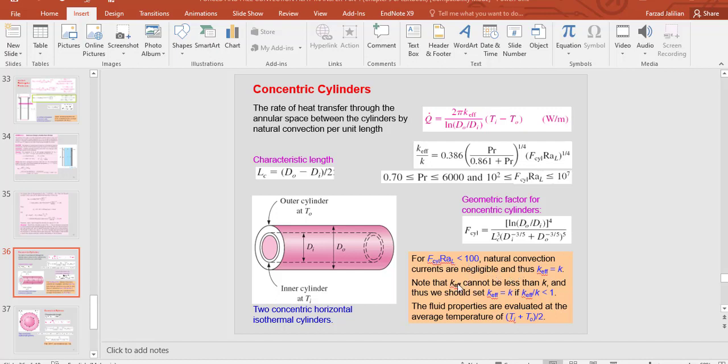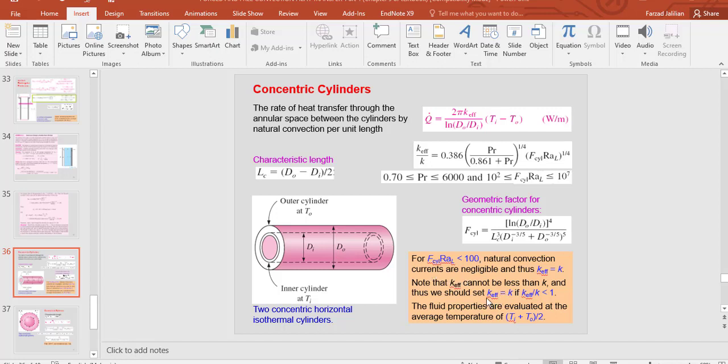And also notice that the K effective cannot be less than K. K is the thermal conductivity of the fluid here. Okay, when we have convection, this thermal conductivity may be increased, but it cannot decrease.